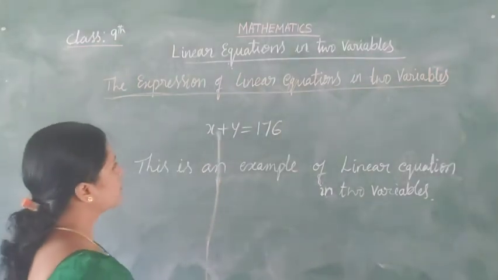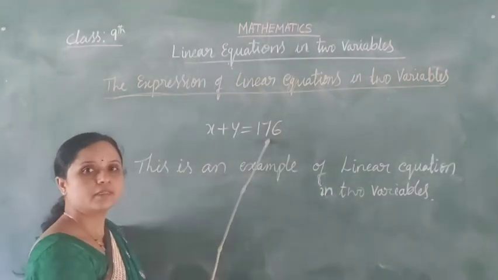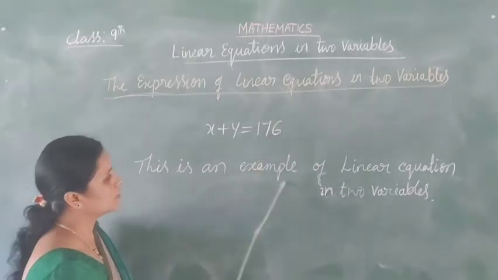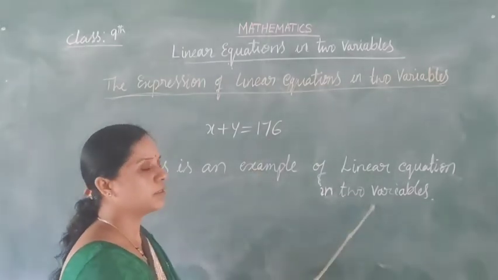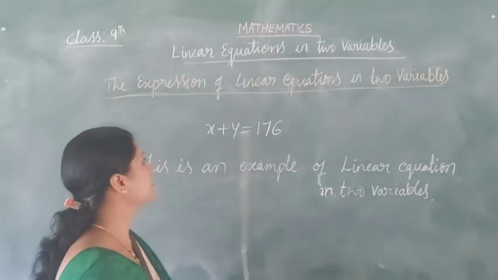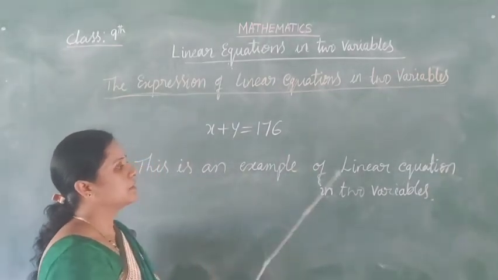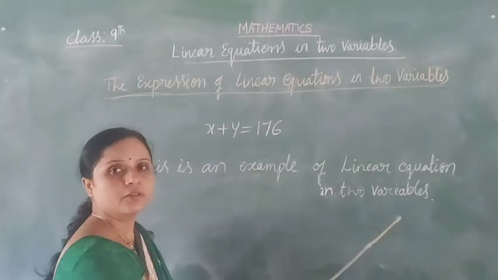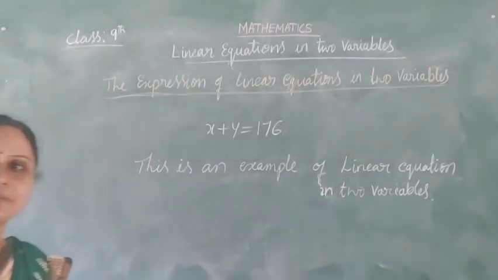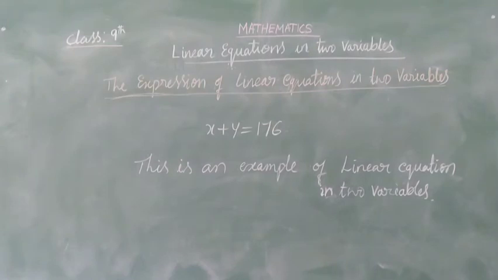So x plus y equal to 176. This is an example of a linear equation in two variables. Here there are two variables, that's why this equation is called a linear equation in two variables.